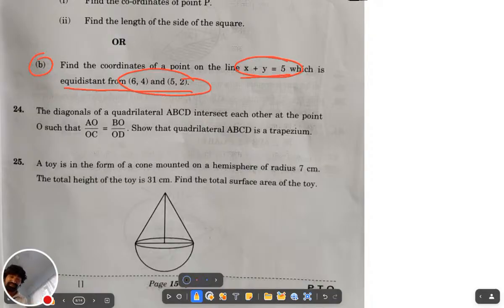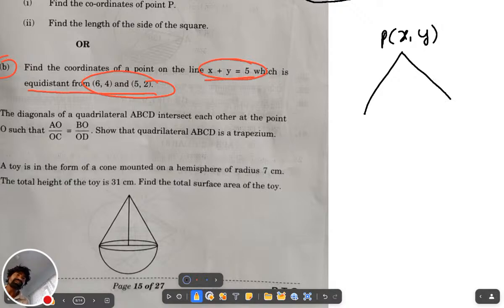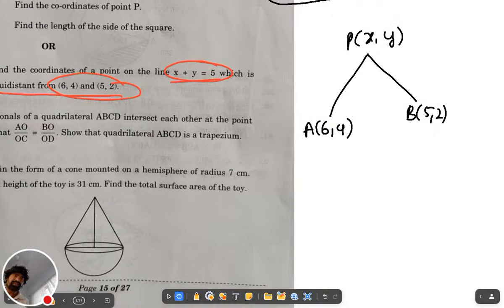Okay, so let that point be x comma y, which is at equal distance from, let us think this is A, which is 6 comma 4, and let us think this is B, 5 comma 2, and it also lies on x plus y equals 5, right?